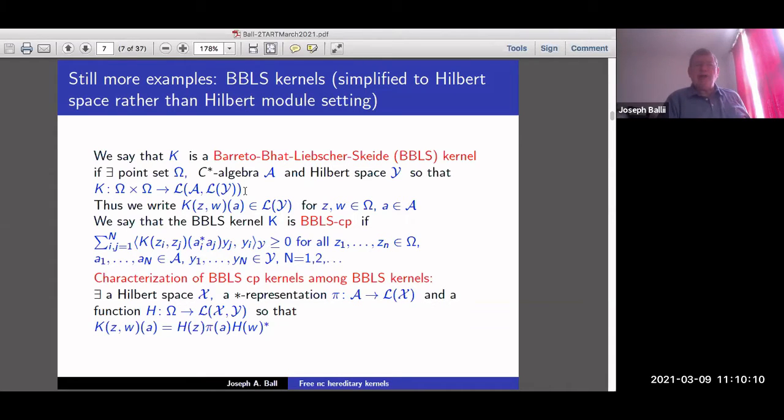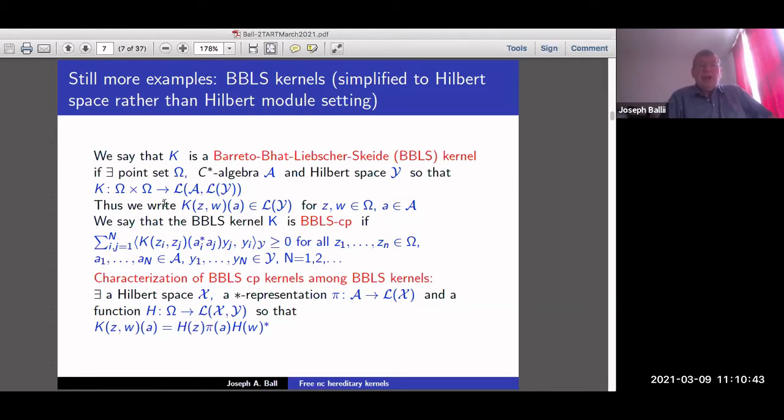This is my simplification. They actually had another C-star algebra B instead of L of Y, and then you get into Hilbert module business. You have inner products which come from the C-star algebra and take values in the C-star algebra B. I think it's enough here to keep at the Hilbert space level, and I take the second C-star algebra to be operators on Hilbert space Y, so it fits with what we've done before.